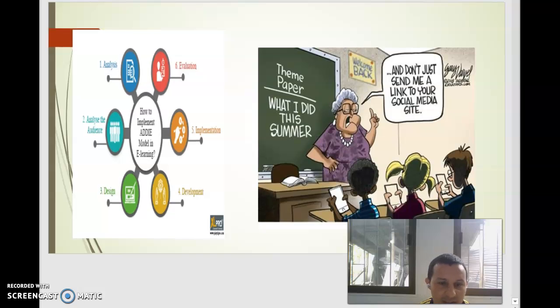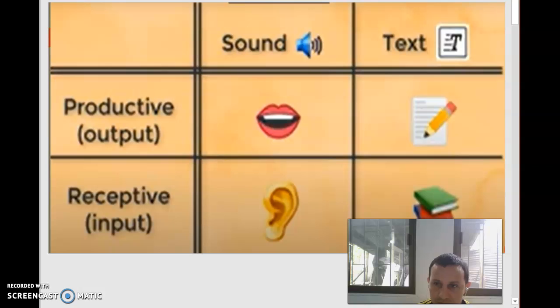Okay, so let's check the next situation. We must know the assignment for each skill, receptive or input. The input skills are listening and reading.